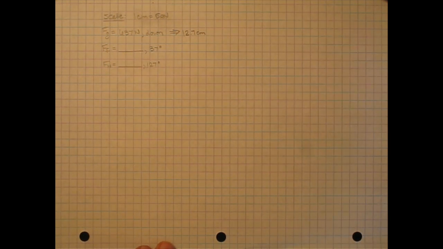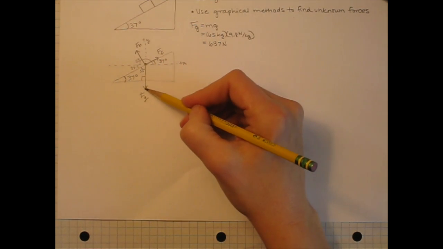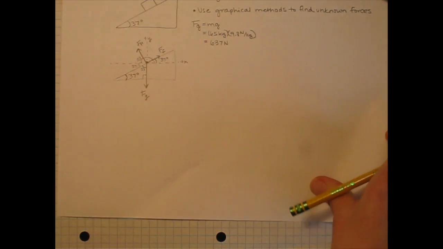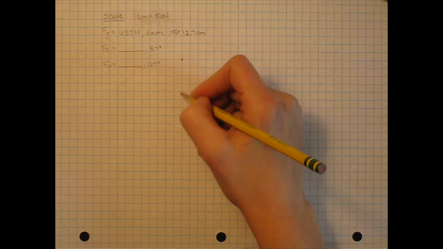Okay, we're ready now to draw our vector addition diagram. So I'm going to start with the force of gravity vector, which is pointed straight downward. I'm going to start it here so I have plenty of room to fit it on the paper.